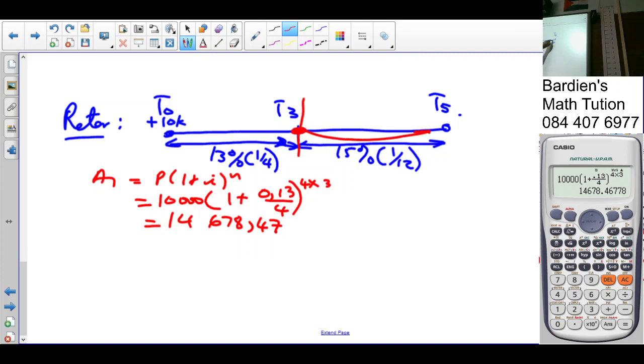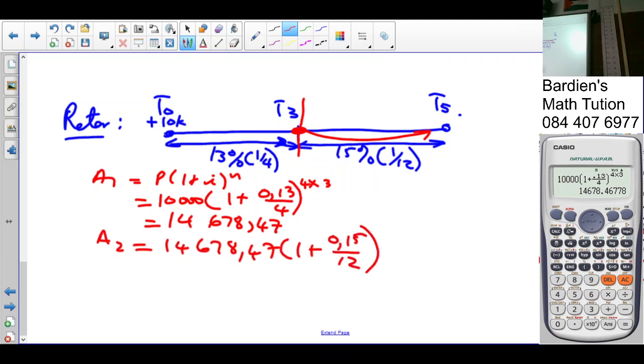So I must draw an interest for the remaining 2 years. So A2 is going to be 14,678 Rand 47 cents into 1 plus 0.15 over 12 to the exponent 12 times 2. How many is that for? 2.